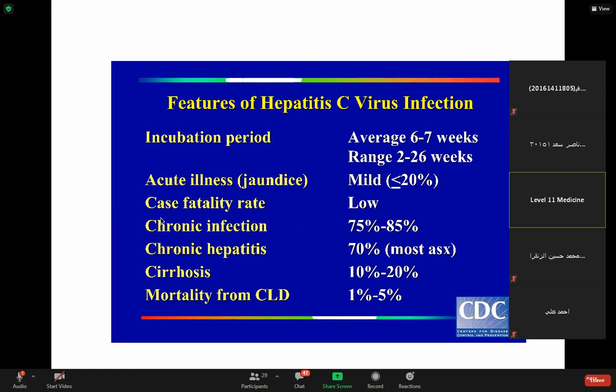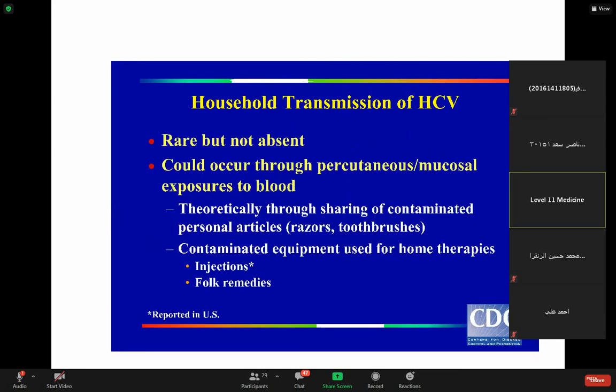Look at how often they become chronically infected with hepatitis C, up to 80%. So hepatitis C, really, is a chronic infection rather than acute, and certainly can lead to cirrhosis and cause mortality when they get to a chronic liver disease state. Okay, well, a lot of questions about the household transmission of hepatitis C.